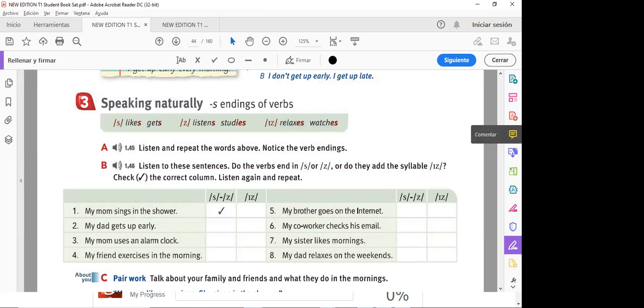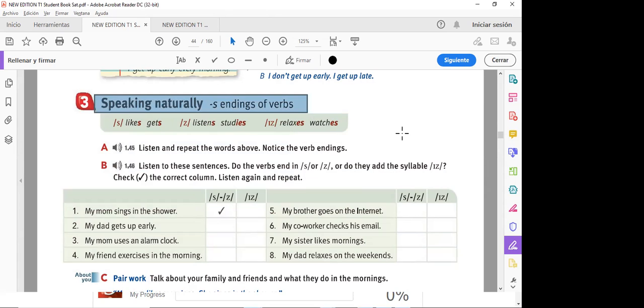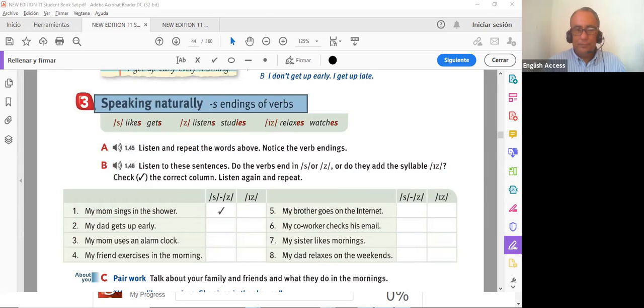Page 35. Speaking naturally. S endings of verbs. A. Listen and repeat the words above. Notice the verb endings. Listen and repeat, please. S. Likes.